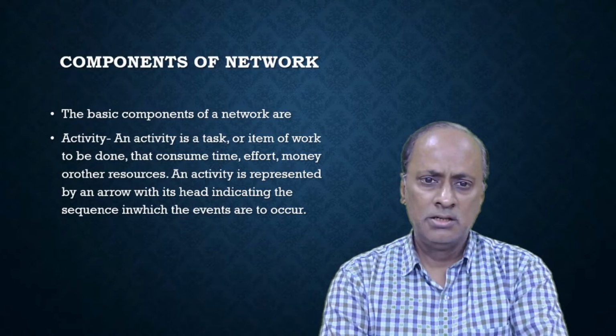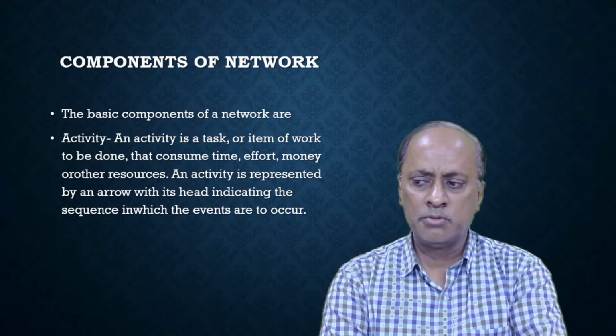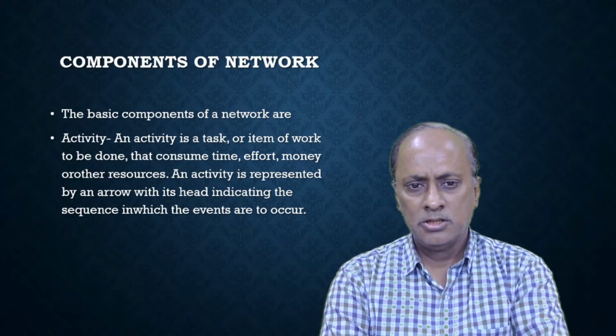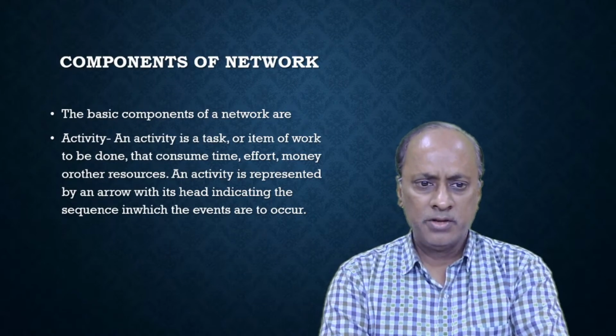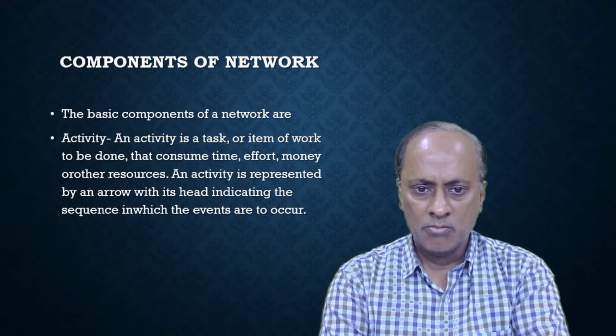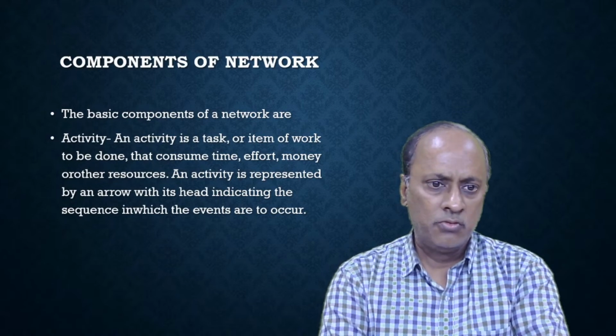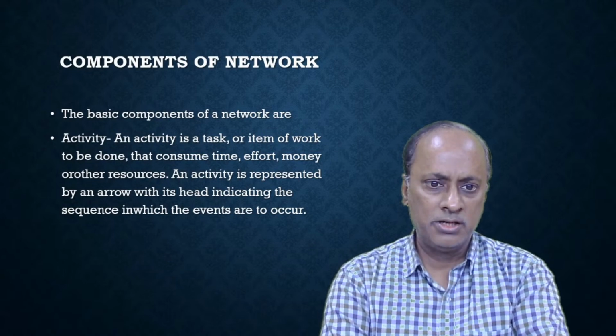Very important. Now, a network diagram has many components. One of the important components is activity. Now, what is activity? Activity is a task. Suppose I am going from my home to office, that is an activity. So while going, we consider it a task or item of work to be done.